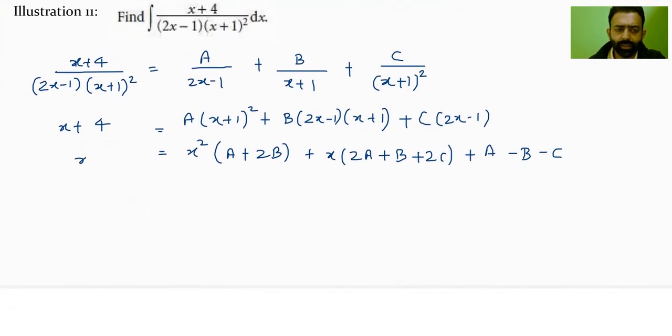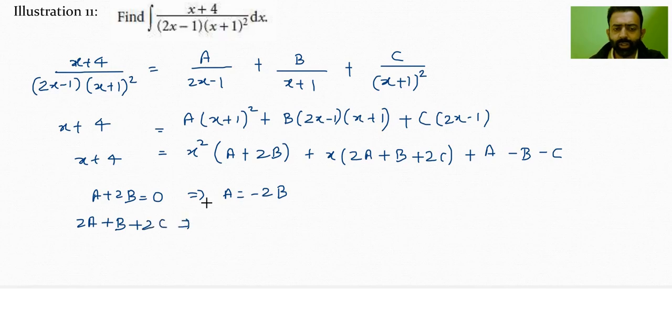Now this is x plus 4, so A plus 2B is 0 because there is no x square term on the LHS. From here I get A as minus 2B. The second equation is 2A plus B plus 2C; substituting A as minus 2B, we have minus 4B plus B, which is minus 3B, plus 2C, and this must equal the coefficient of x, which is 1.